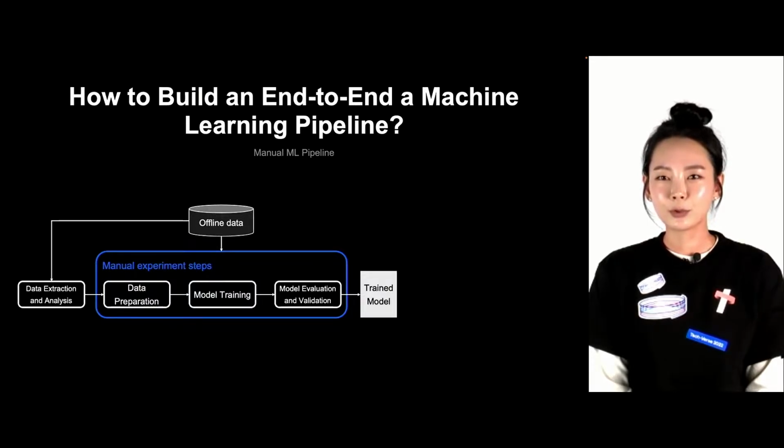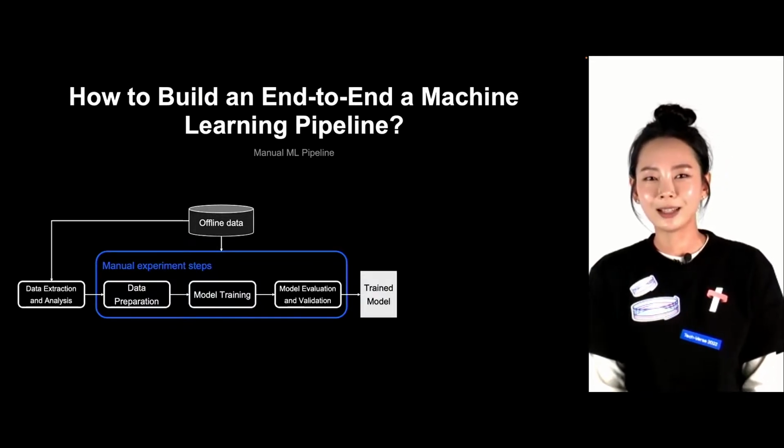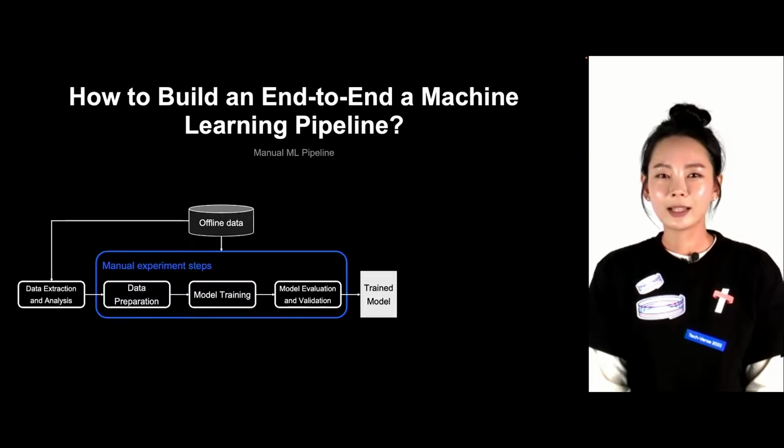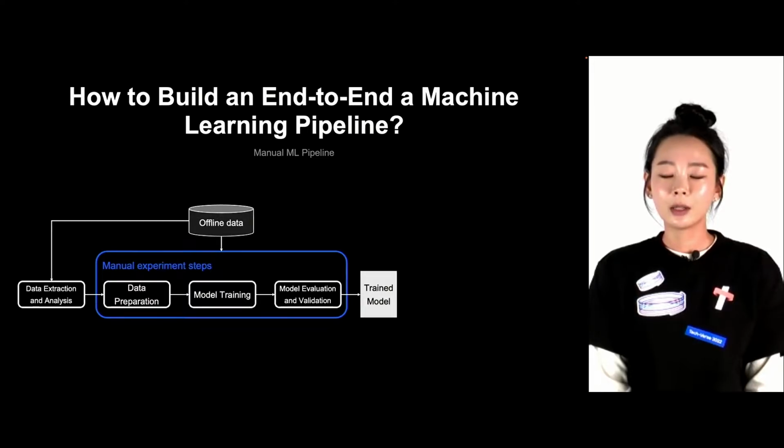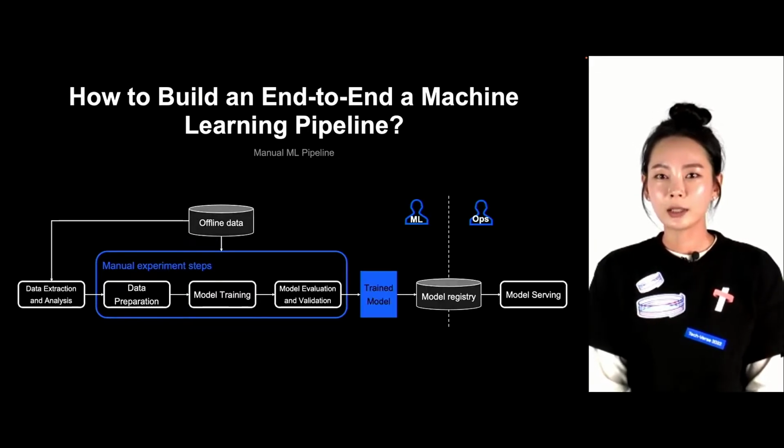Teams that adopt machine learning create a manual workflow like this. The local data is collected and then it is all written down on a notebook file like this. And then the local notebook file is run and then it is sent to the service engineer.